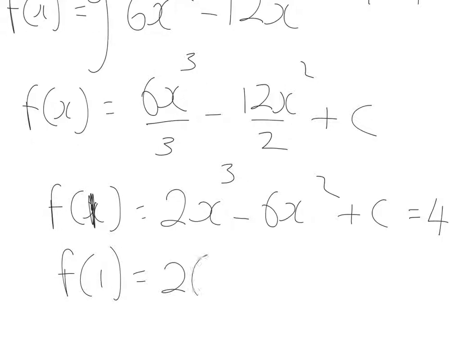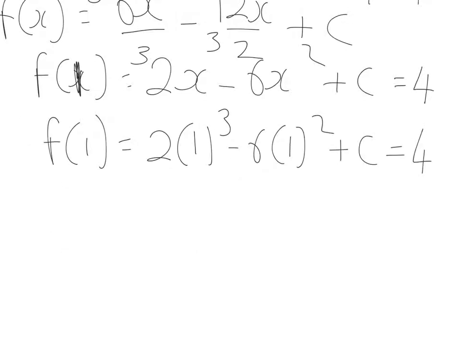So that will be 2 bracket 1 cubed minus 6 lots of 1 squared plus c is equal to 4. So 1 cubed is 1, times 2 is 2, minus 6 lots of 1 squared is minus 6, plus c is equal to 4.